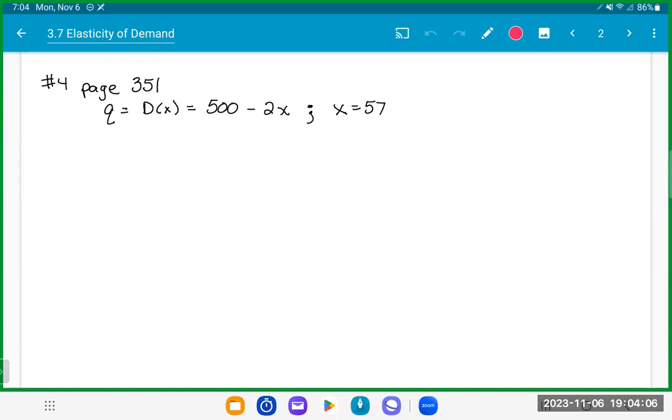Okay. And so for this problem, when you look in the book, it's on page 351. First, it wants us to determine the elasticity. Then we're going to look at the elasticity at the given price point, which here is x equals 57, and determine if it's elastic, inelastic, or maximized.